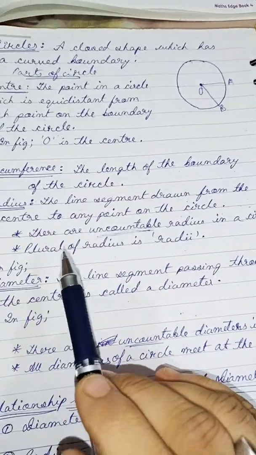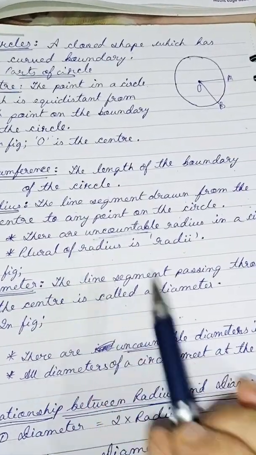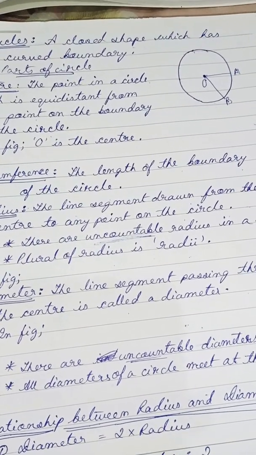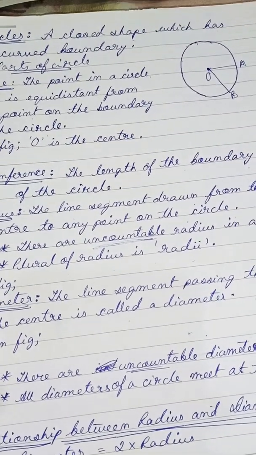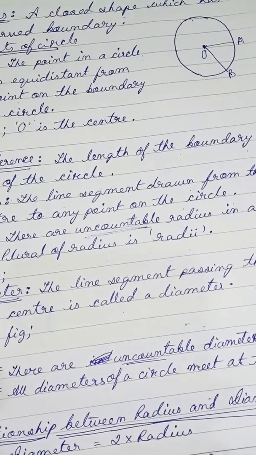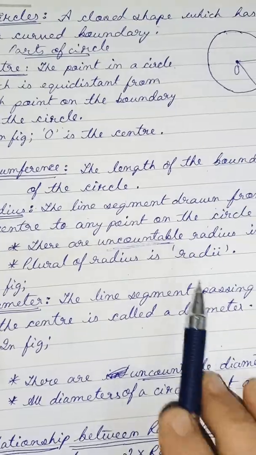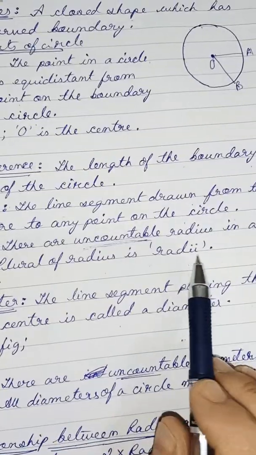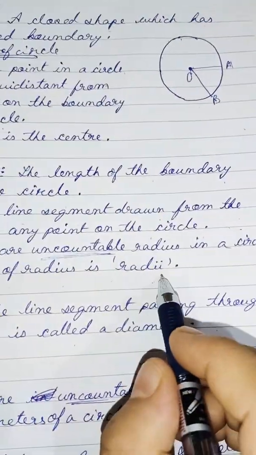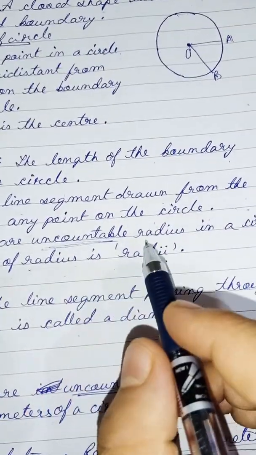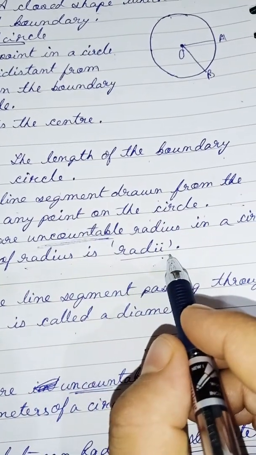Also, generally when it is plural form, you know what singular and plural are. Say when it is boy, in plural we say boys, when it is girl we say girls. But in case of radius, in plural form we don't say radiuses, we say it as radii, R-A-D-I-I. Normally radius is singular, one. But if it is more than one radius, we say it as radii, not radi.